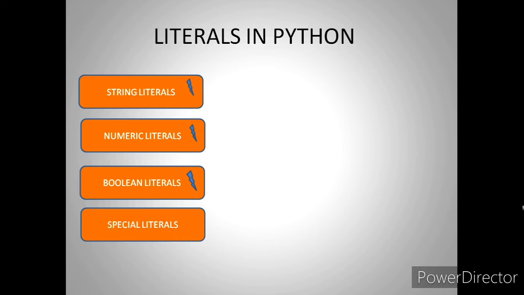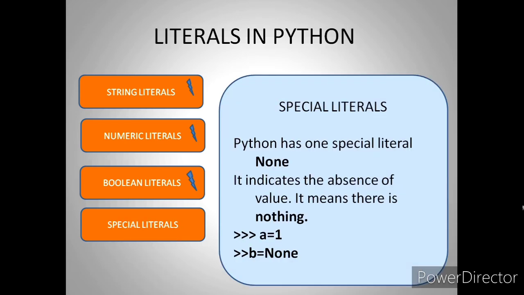Next is your special literals. Special literals, as I said just now, is None. Before, when I started the class, I said that there is one more literal, that is None. But you should be very conscious when you are defining None.